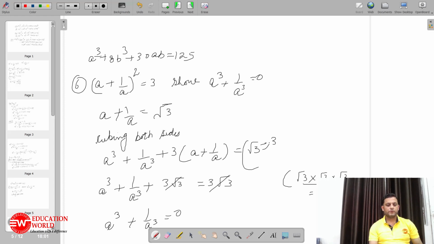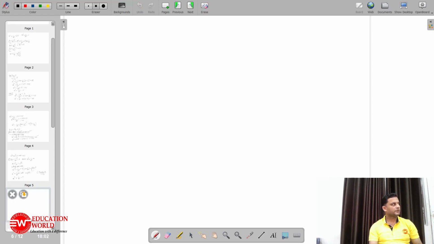Now one more thing is there. That is, use the property to evaluate. Which property are we going to use?